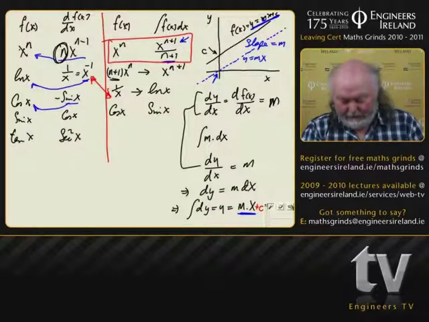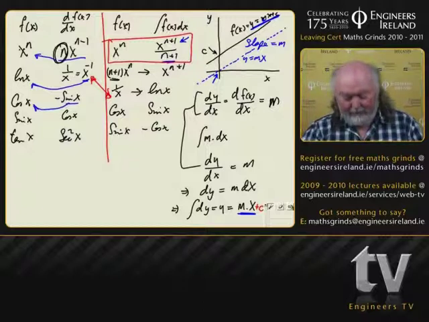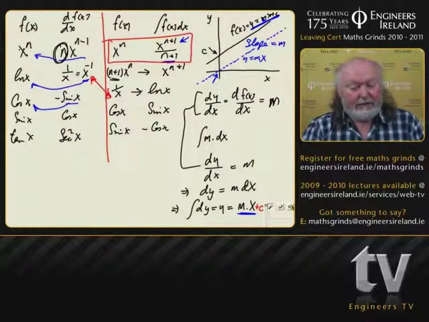Cos x goes to sin x. Sin x goes to minus cos x. Now tan will give us a different one because over here we haven't seen tan come up as an answer.